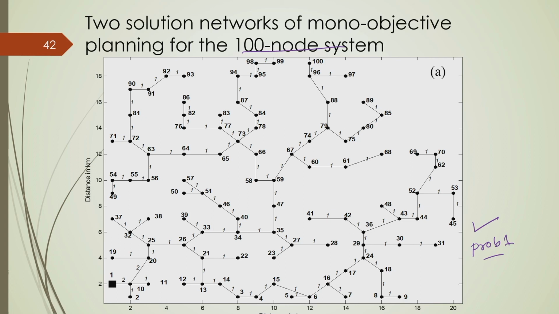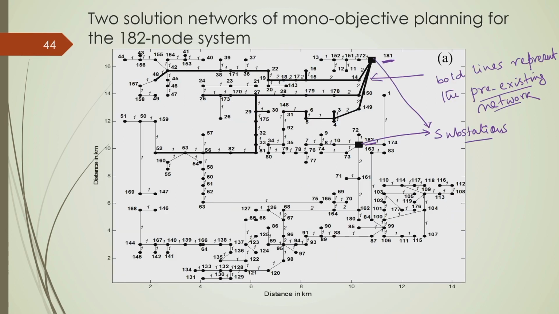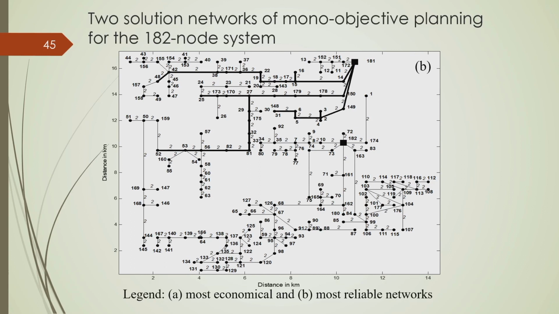This is a kind of shortest path network, but this is what we get for the 100 node system by solving problem 2. Here different conductor sizes are used, and there is also more branching. Similarly, this is what we got for the 182 node system by solving problem 1, which represents the economical network, and this is what we get by solving problem 2, the reliable network. The observations are also similar.